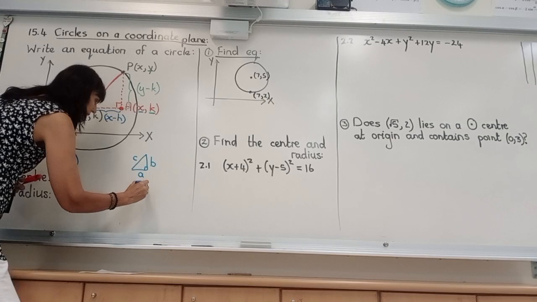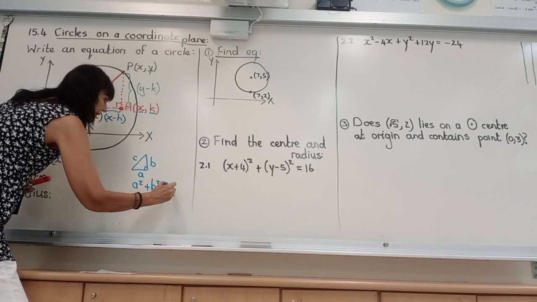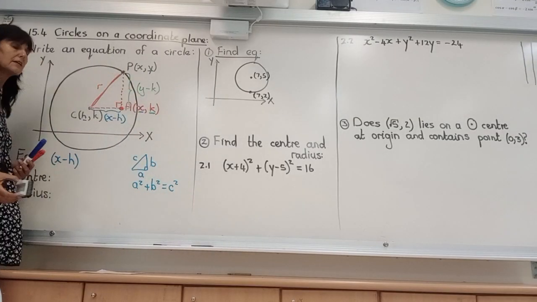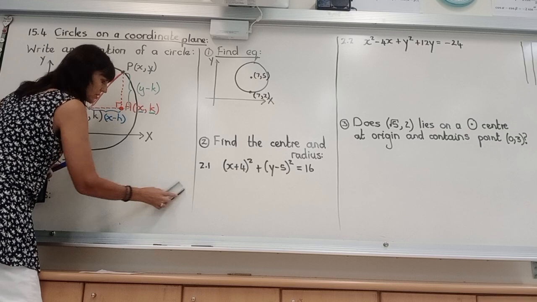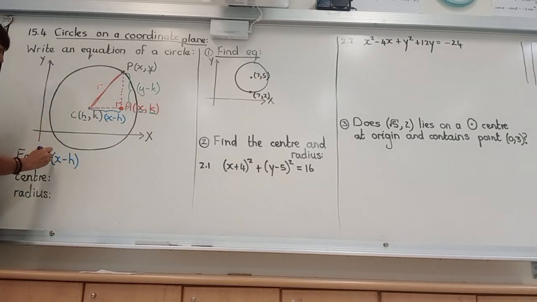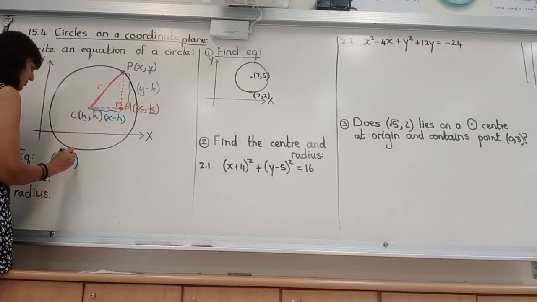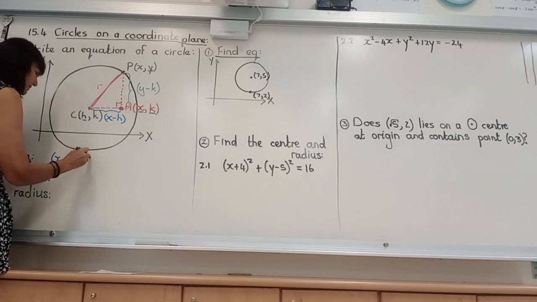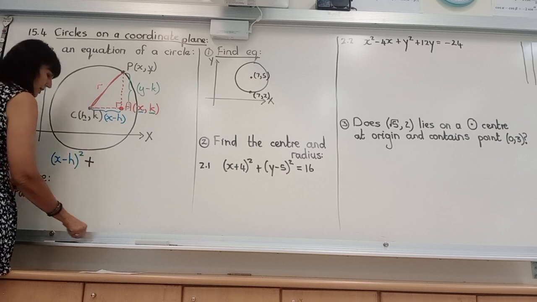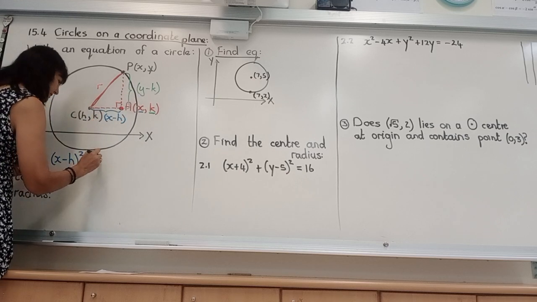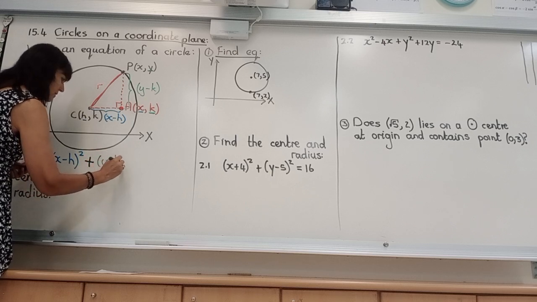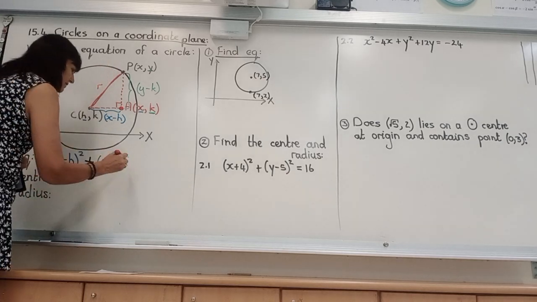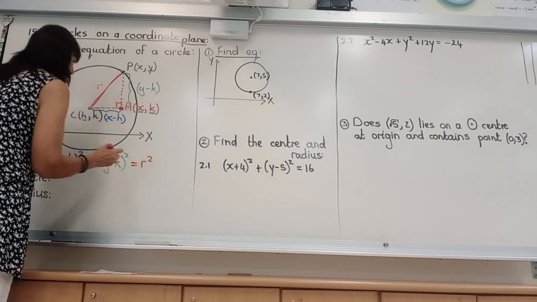A squared plus b squared equal the hypotenuse squared, opposite the 90 degrees angle. I'm going to use this theorem to write down an equation. And we're going to say this blue distance, x minus h squared, I must add, according to the Pythagorean theorem, the green part, y minus k squared. And this will be equal to the red radius squared.